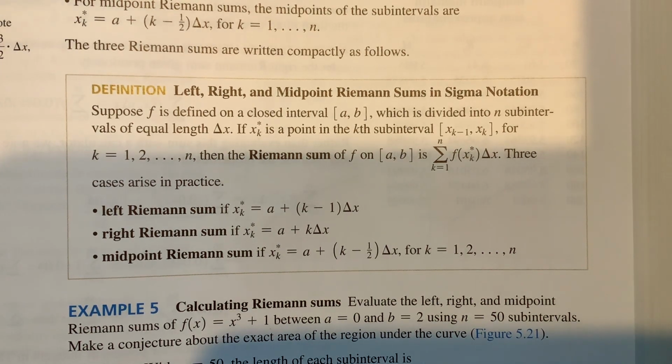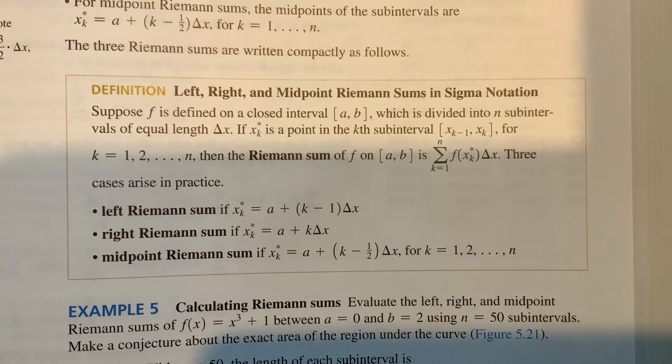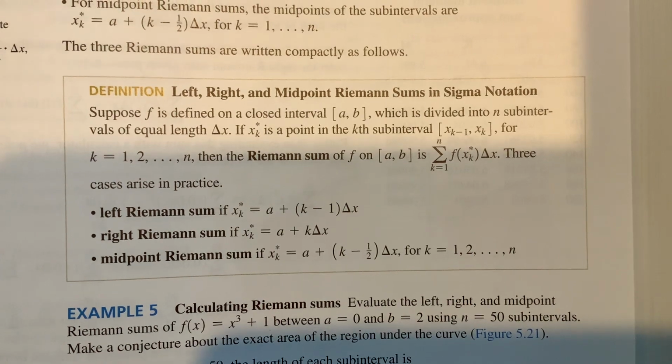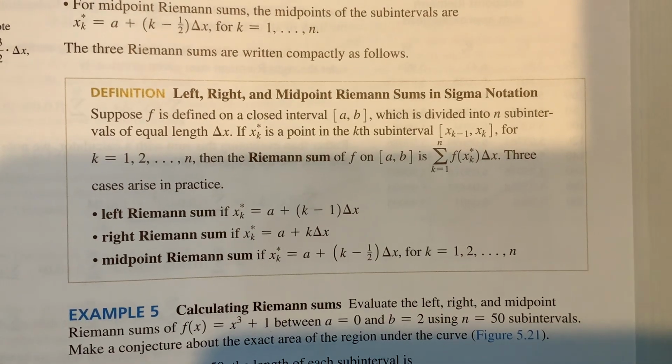That's the only difference: what does this sigma notation look like, and what is it doing to generate these areas? Okay, and so this left Riemann sum, the x sub k star, they give you this formula, and that's really where it gets a little confusing.